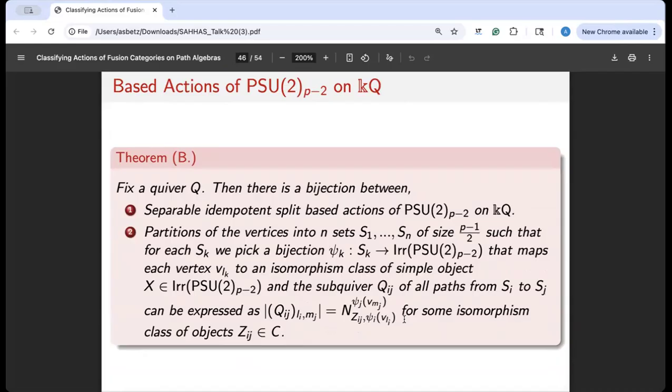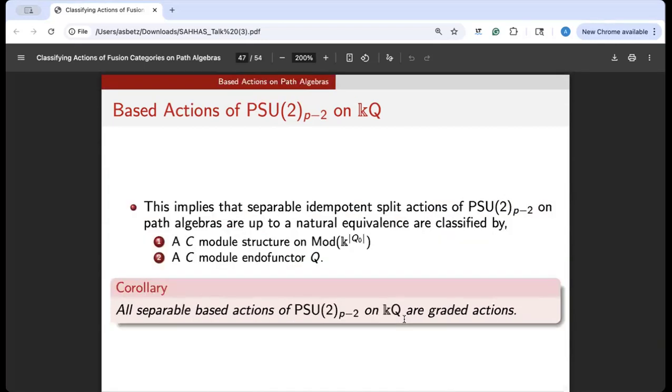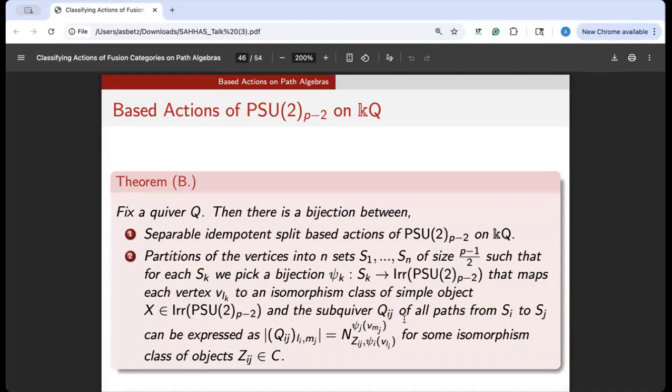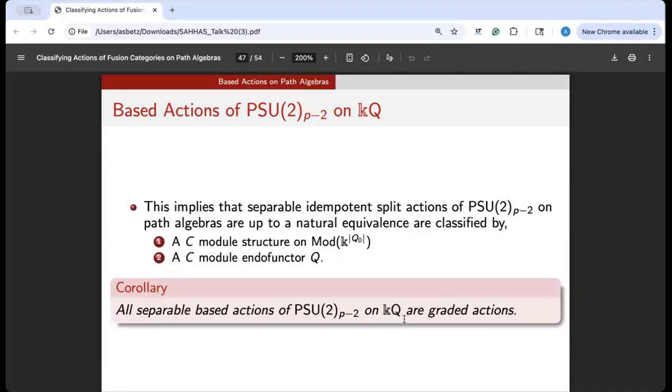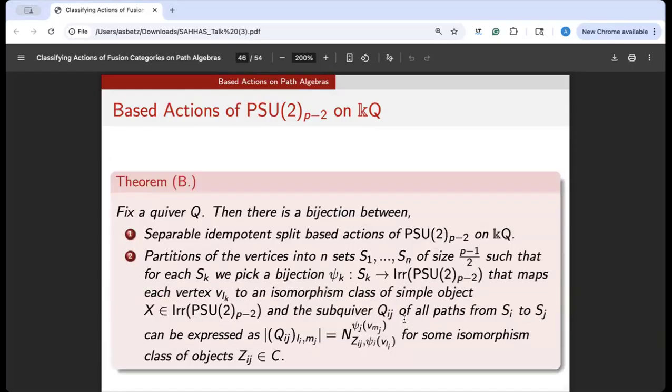If you do this, you can prove this up to Morita equivalence or something, and this is kind of what this is saying here: really this data, this big partition of the vertices, is really a C module category and a C module functor. But if you're choosing a C module category, you have to pick an assignment of the semisimple objects in that category with the different objects in your module category.